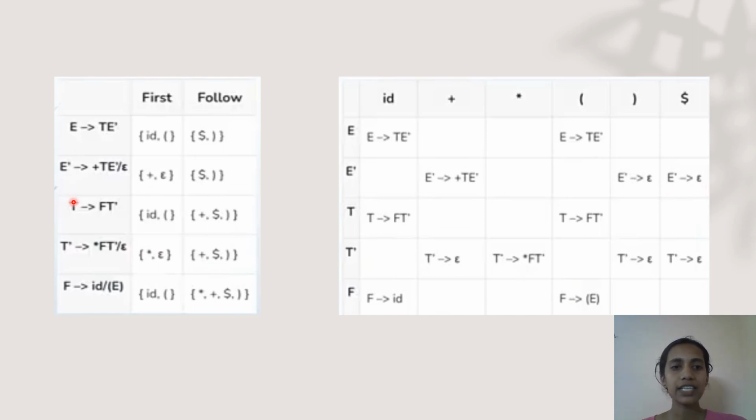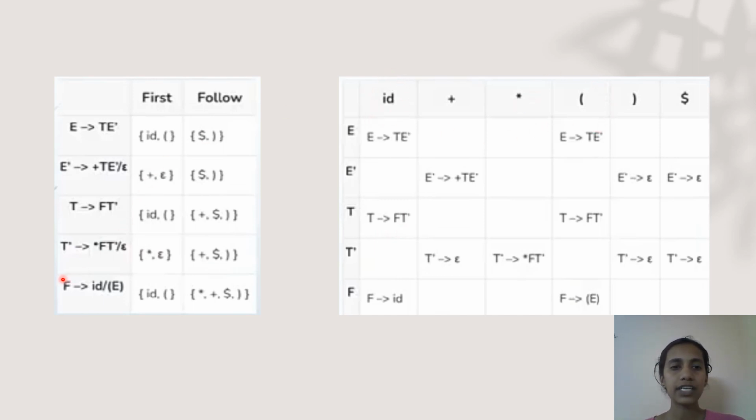Coming to the next step, T tends to FT dash. Because there is no epsilon or null production here, we will consider ID comma open brace, that is, T tends to FT dash is placed under ID and also the open brace.